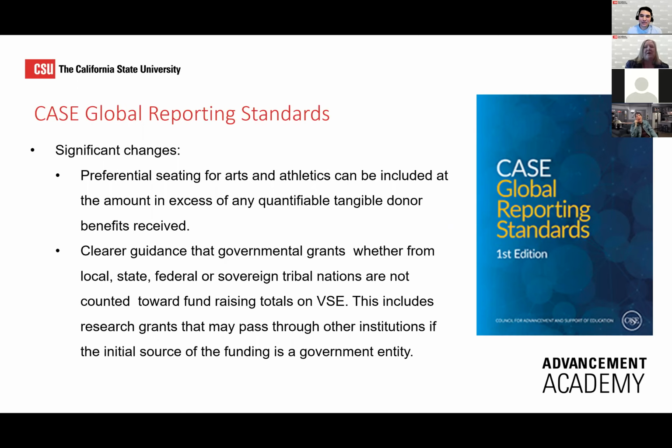Essentially you can look at what was gifted to the university minus any tangible benefits. So the cost of attending the event, if they received benefits to attend special tailgates or receptions, or if they got special swag for being boosters.